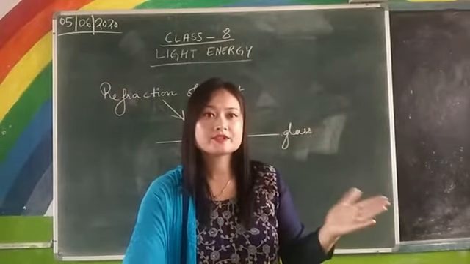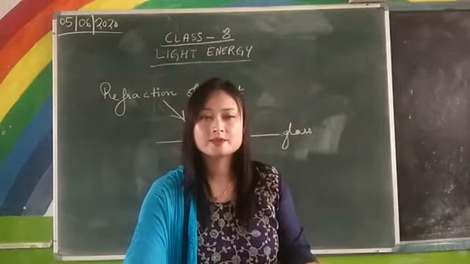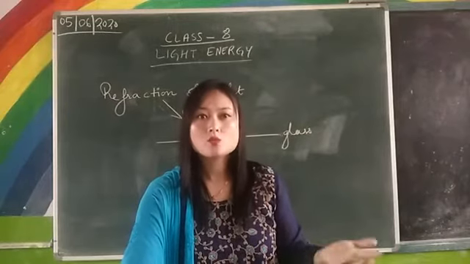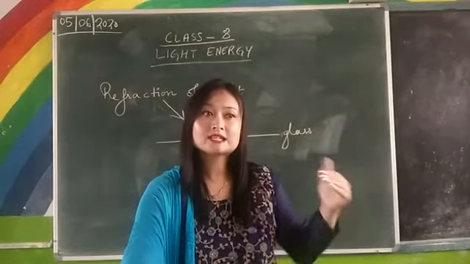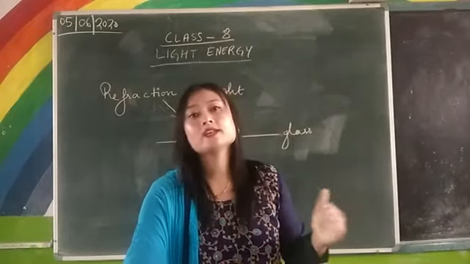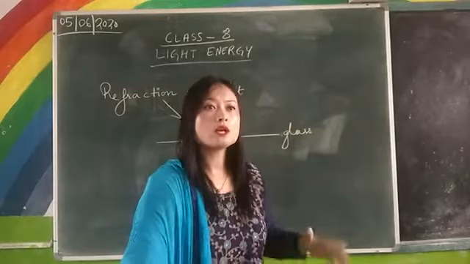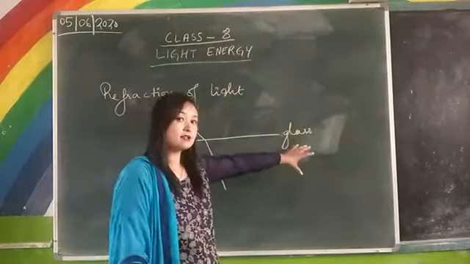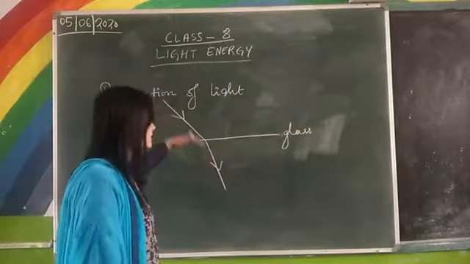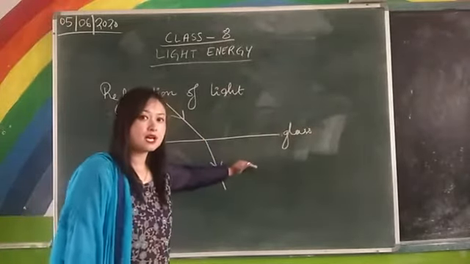So light travels faster in gases because of the molecular arrangement. Then in water the speed of the light decreases compared to gases or air, and it will be the least when it's traveling through a solid. So what are we taking here? Glass. Glass is a solid. So the speed of the light changes when it passes from one medium to another.